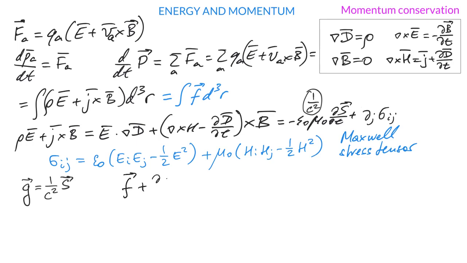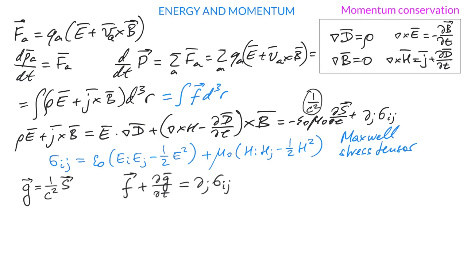So we'll have dg by dt. And the right-hand side is dj sigma ij. So the left-hand side may be written as the total rate of change of the momentum density of the particles and the field, if we interpret g as the momentum density of the electromagnetic field.